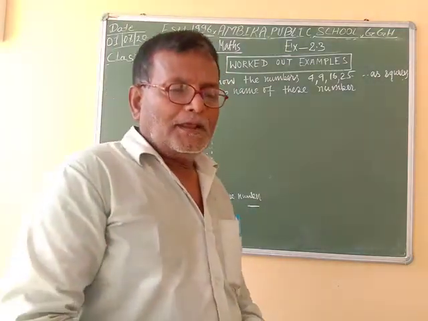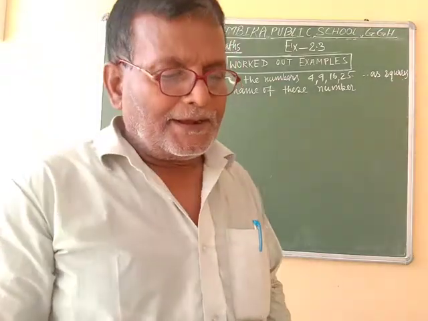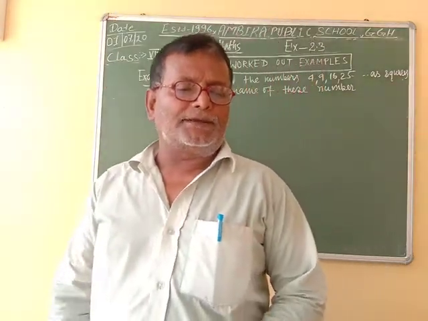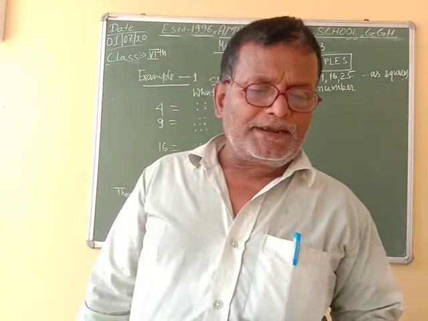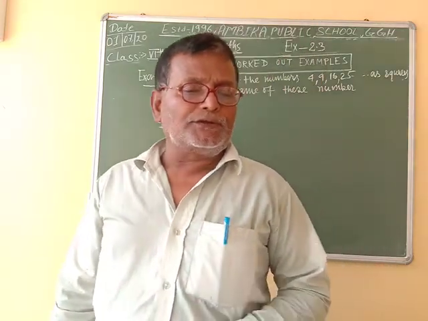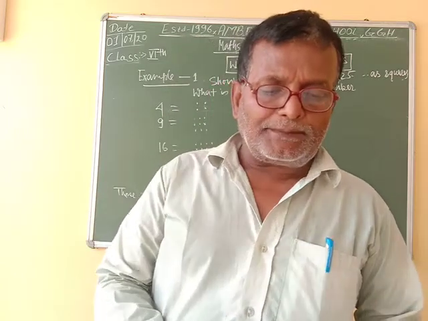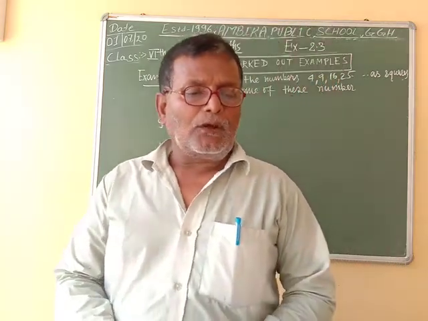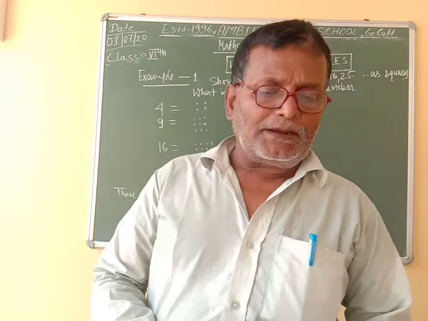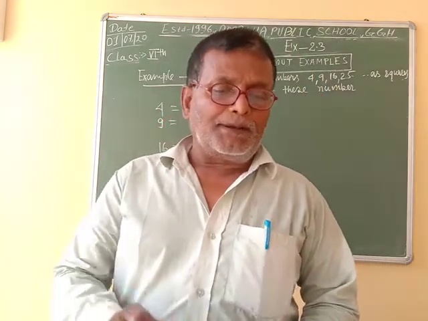Example 2. Study the pattern written below and fill in the blanks. The pattern is given below, and according to the pattern, you have to write the digit in the blank place.